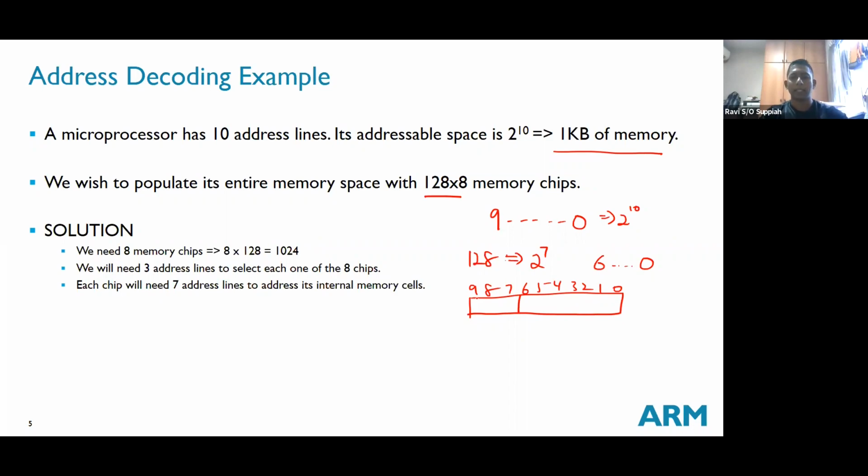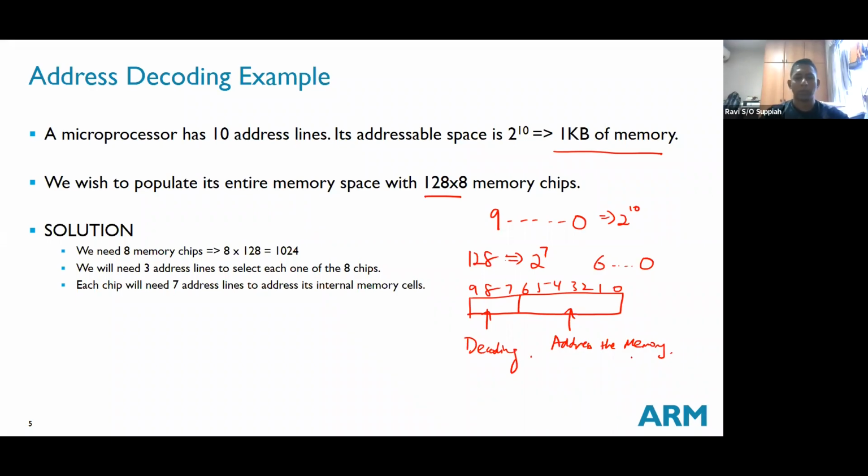The remaining 3 bits I will use to do the decoding. These 3 bits will be used to decode and select the appropriate memory chip, and the lower bits will be used to address the memory, so that within each memory I can address all the locations inside it.